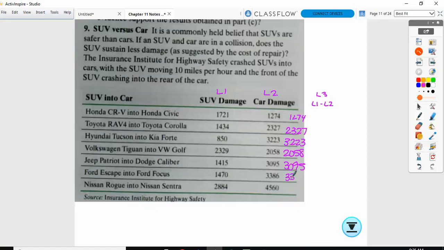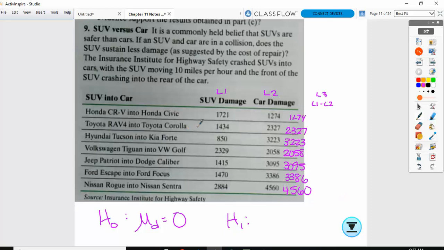We need to write our null and alternative hypothesis before we can do anything. So the null hypothesis, since it's matched pairs, we're looking at the mean of the difference, and that's always going to be equal to 0. We're going to assume there is no difference to start us off. Then the alternative. Okay, we have to read what it's asking here.